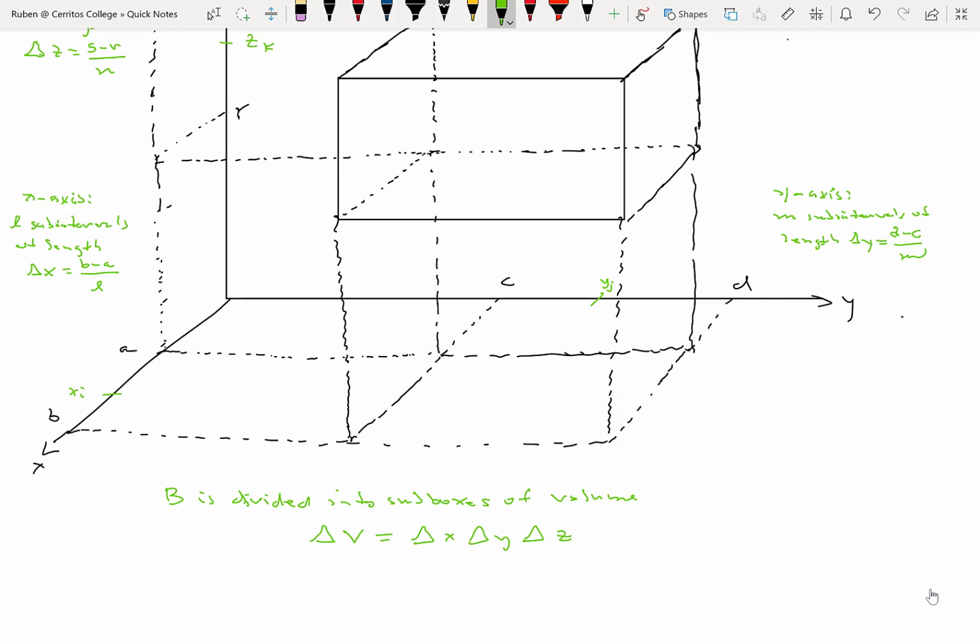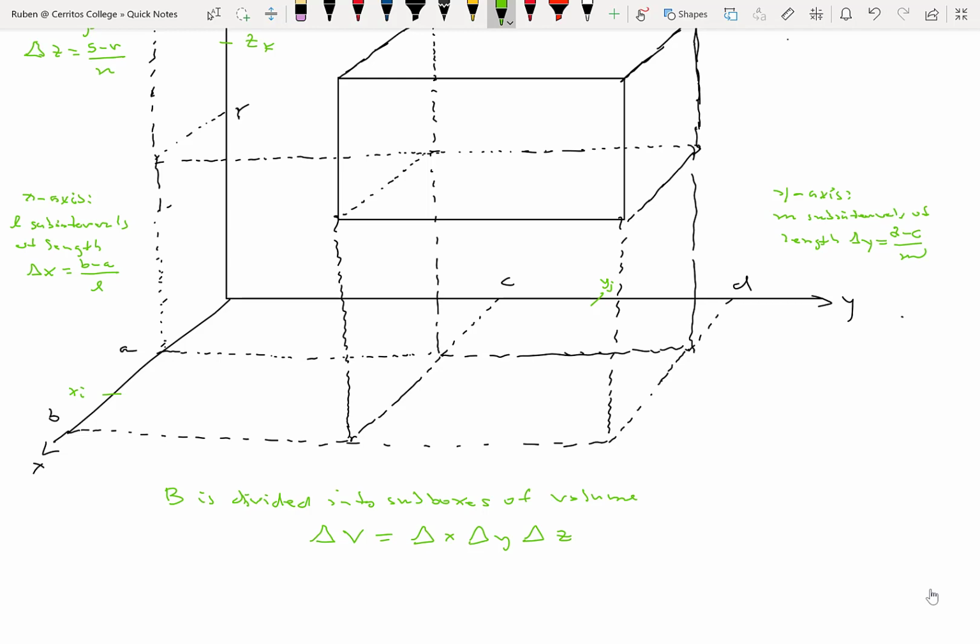So how many sub boxes are stuffed into the big box B? Well, we've divided up the x-axis, the y-axis, and the z-axis into L, M, and N subintervals respectively.